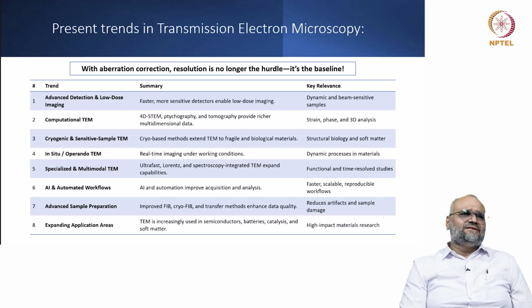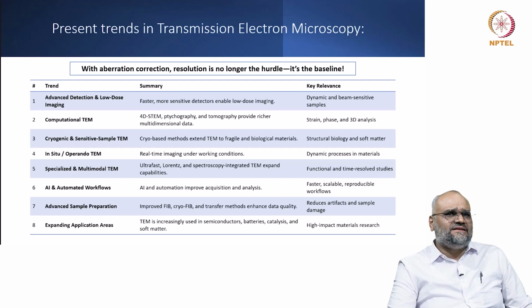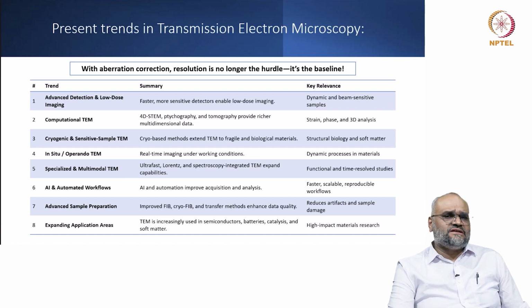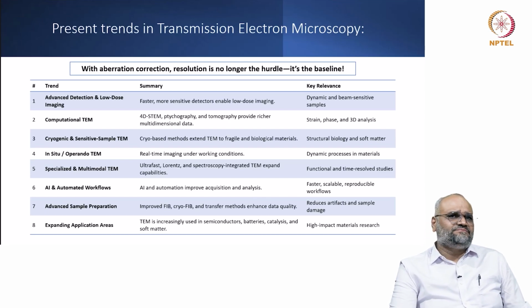There's something I've classified as computational TEM, because once you retrieve the projected potential and the information from a specimen, you can use a lot of phase reconstruction and specimen reconstruction information retrieval techniques such as 4D STEM, ptychography and tomography to provide richer multidimensional data.